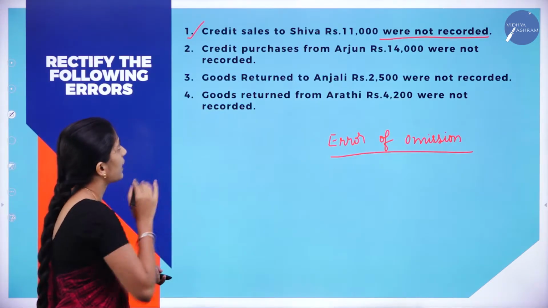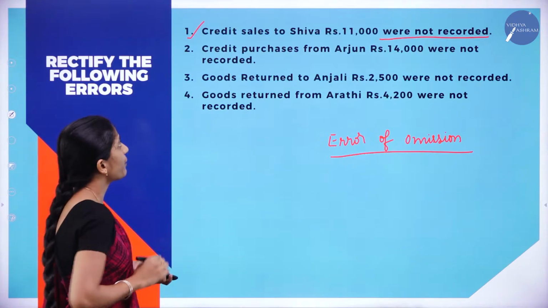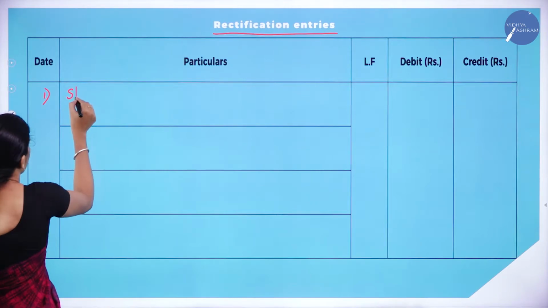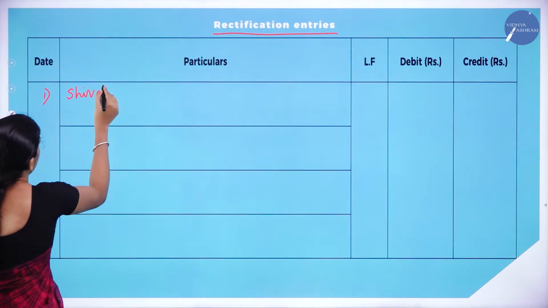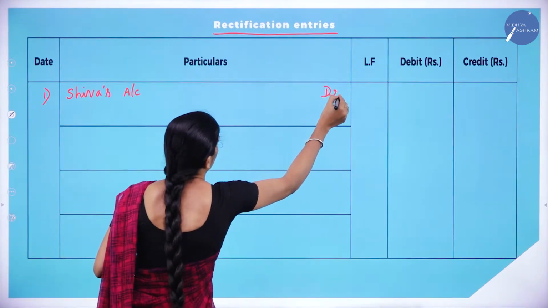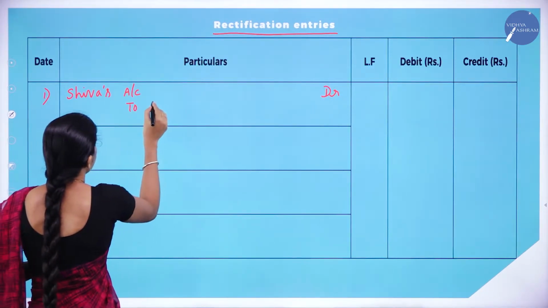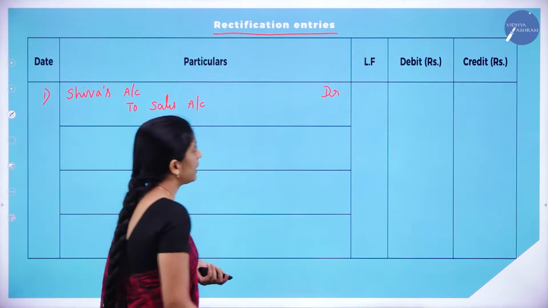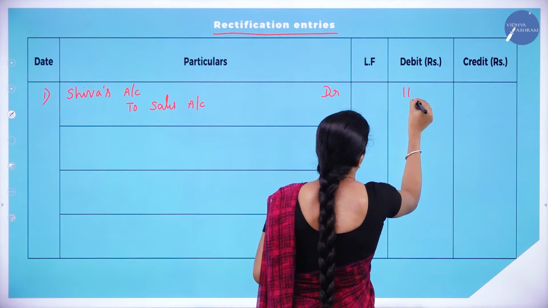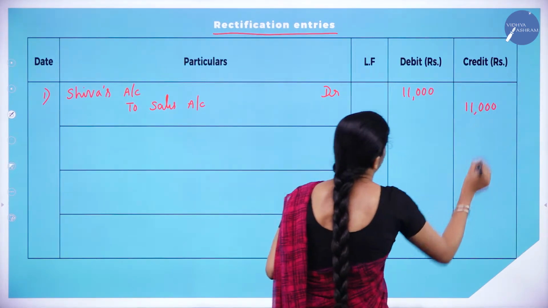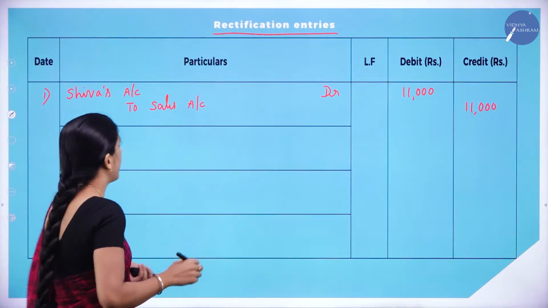The entry is Shiva's account debit to sales account, and the amount is 11,000 each: 11,000 in the debit side and 11,000 in the credit side. Now how to write the narration?